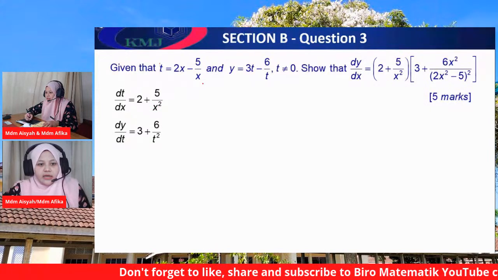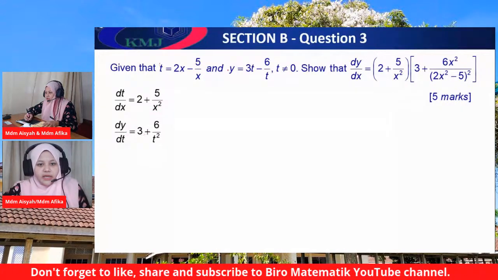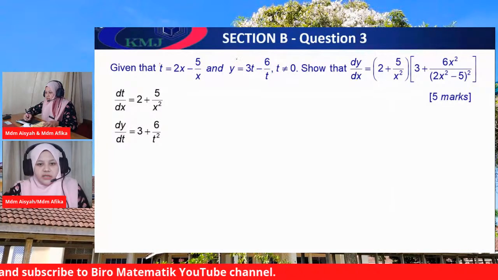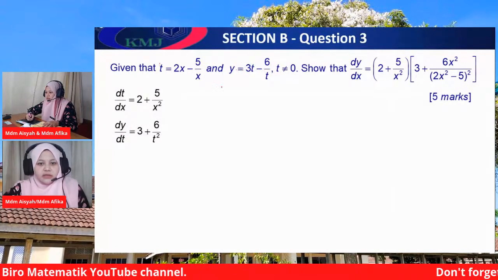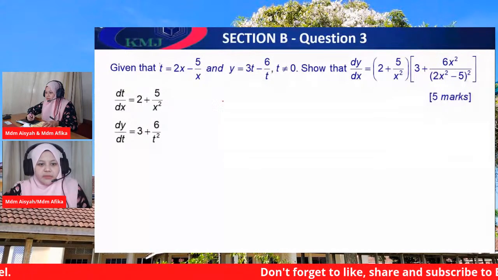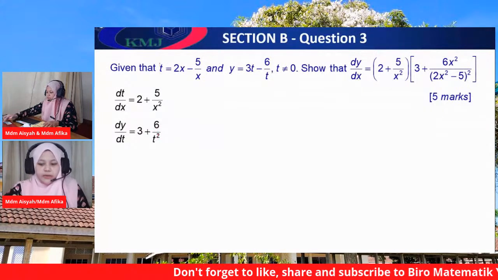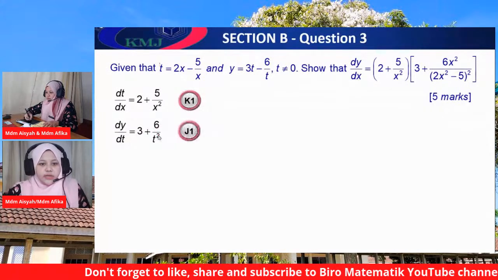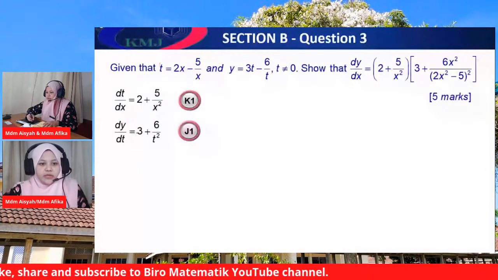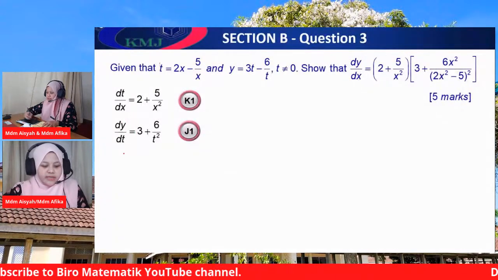Then we need to differentiate y with respect to t. So dy over dt equals, differentiate 3t, you will get 3. Differentiate minus 6 over t, you will get positive 6 over t squared. You will get K1, J1 for both correct answers for dt over dx and dy over dt.